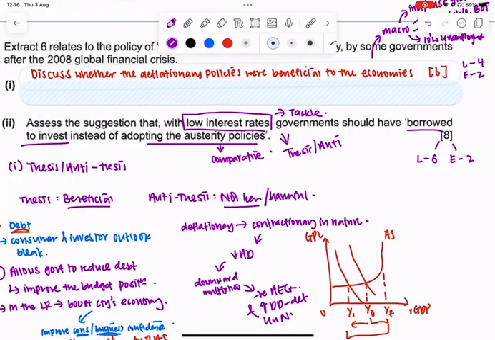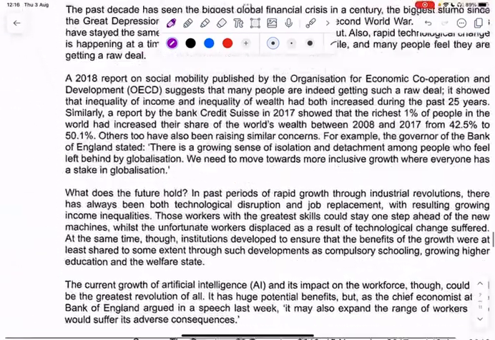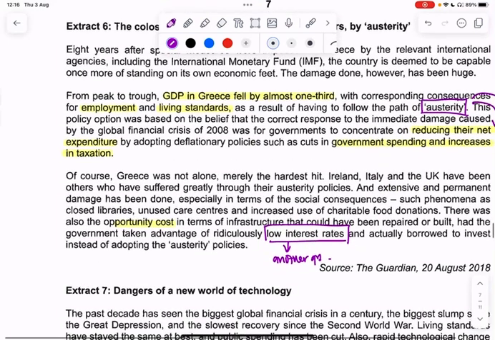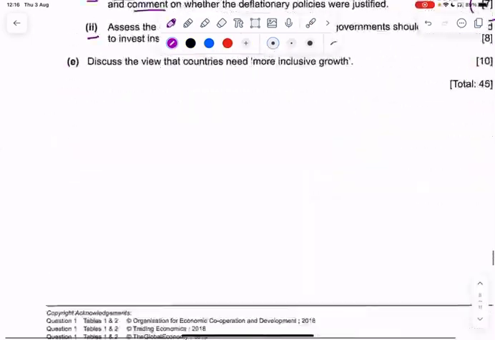Beyond that, you realize when we look at extract 6, something very interesting, right? We saw that it also led to a lot of social consequences. So maybe we want to tackle that.